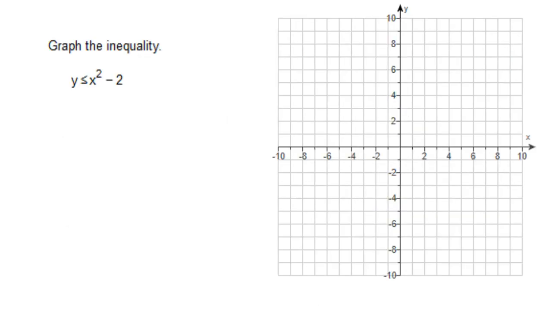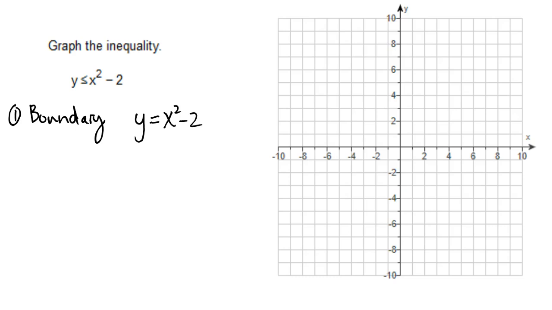Graph the inequality. This is a nonlinear inequality, and I'm going to solve this inequality by drawing a picture. To draw the picture, we first want to graph the boundary. And the boundary is replacing that inequality symbol with an equal sign. So that becomes y equals x squared minus 2.